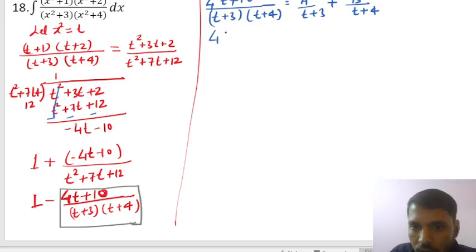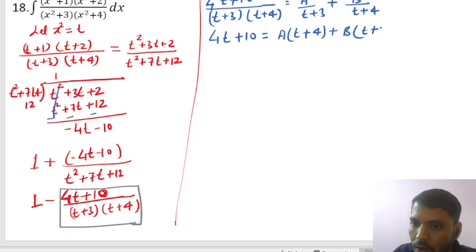So it will be 4t plus 10 is equal to a into t plus 4, and here b into t plus 3.